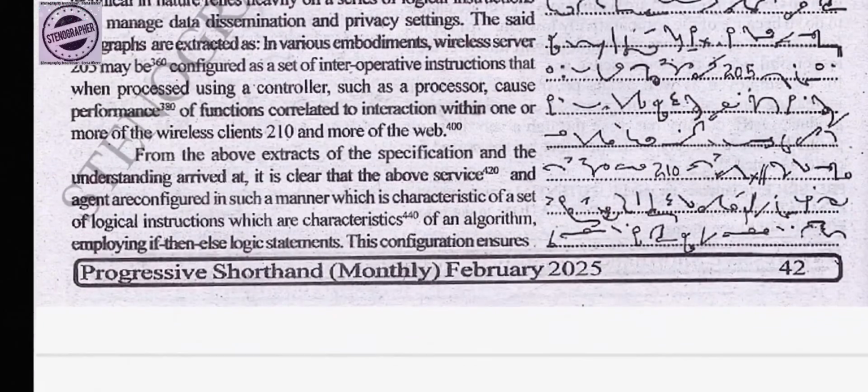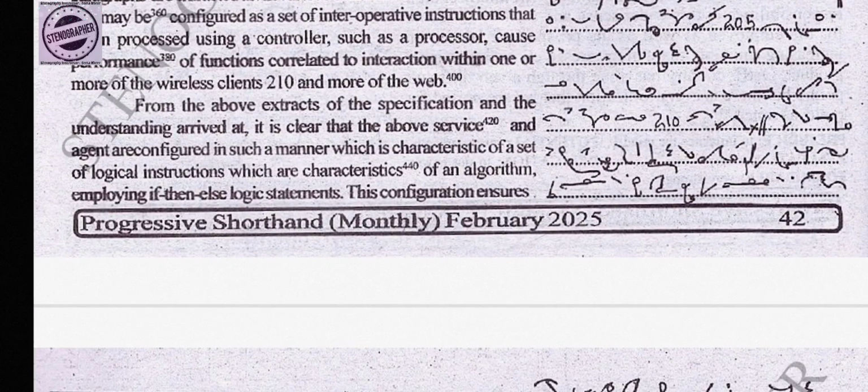From the above extracts of the specification and the understanding arrived at, it is clear that the web service and agent are configured in such a manner which is characteristic of a set of logical instructions, which are characteristics of an algorithm employing if-then-else logic statements.